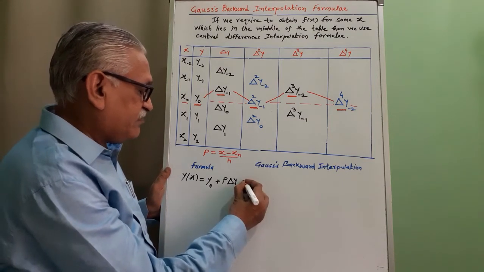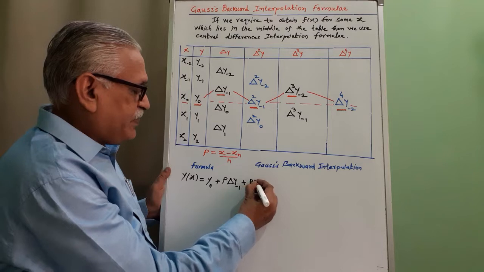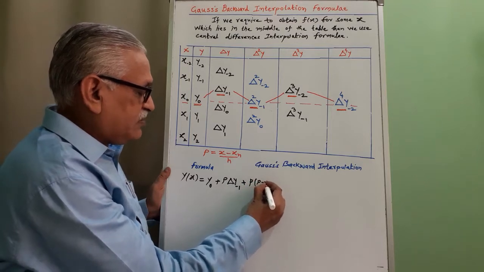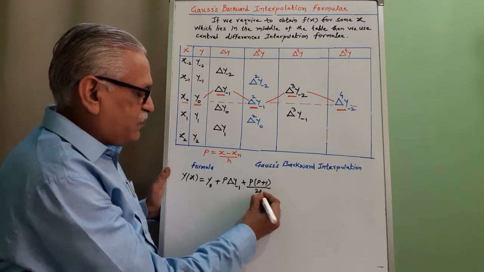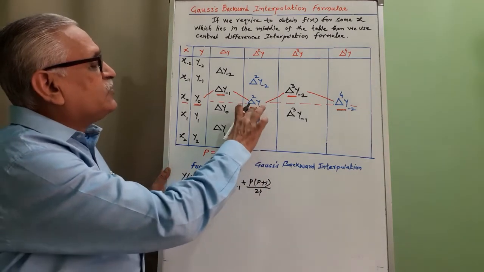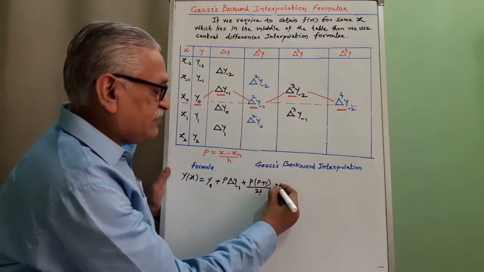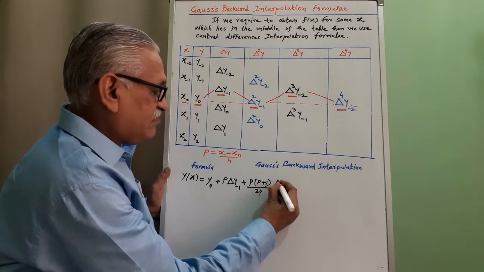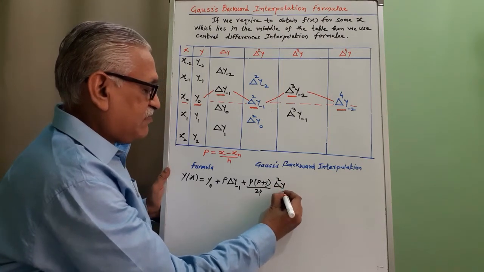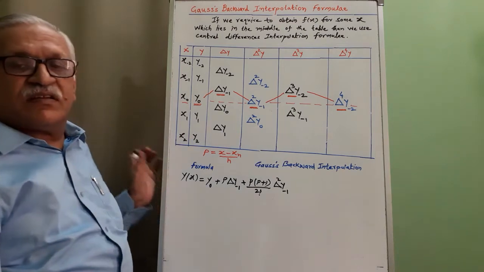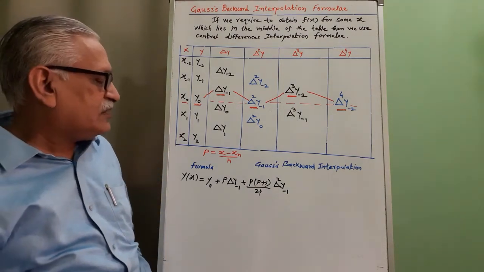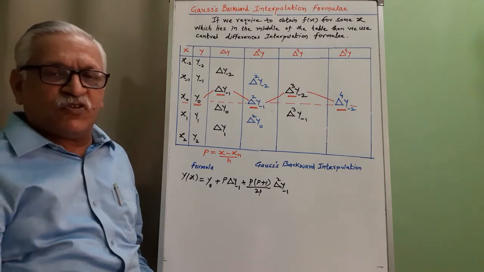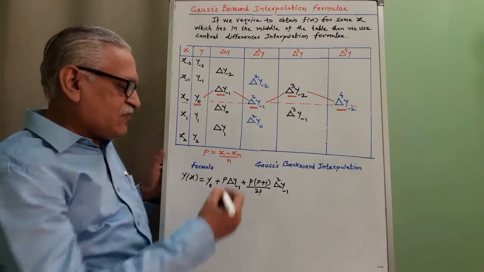The next one is p plus 1 divided by 2 factorial into del square y minus 1. It is somewhat similar to Newton's backward interpolation formula, with a slight change in that formula.